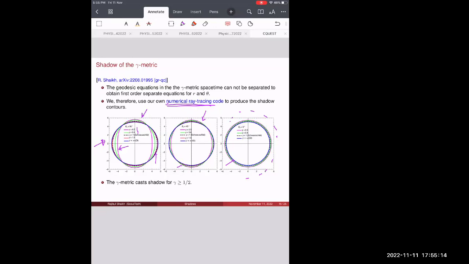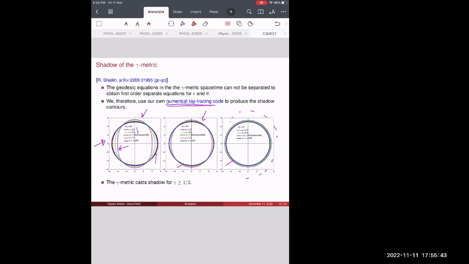Yes. But maybe, I'm not sure, the error bar or allowed region for the mass and the spin is very large. We could not actually distinguish the shape of the shadow from that of the Kerr black hole.